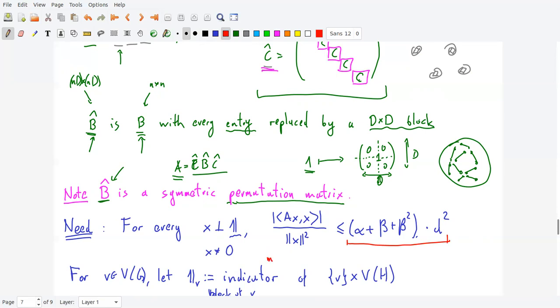Because the maximum of this expression here is exactly the maximum of the absolute value of lambda 2 and of lambda n. This is something that we have already seen during the previous lecture. So in order to prove that the maximum of these two eigenvalues in absolute value is at most this number, it suffices to prove that for every x that is orthogonal to all ones, we have the inequality on the right hand side.